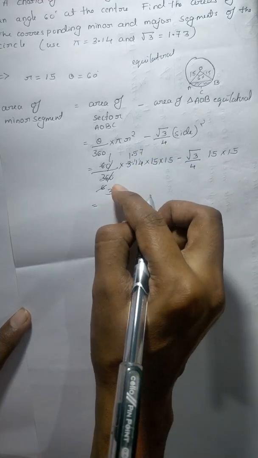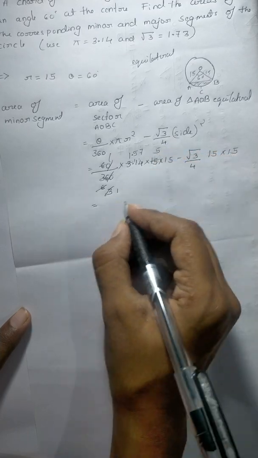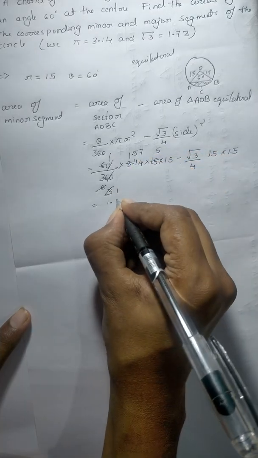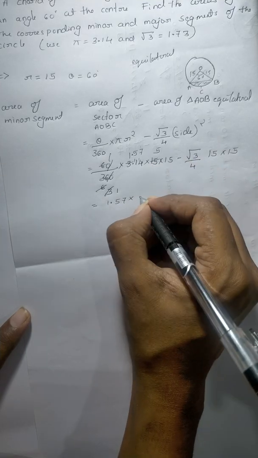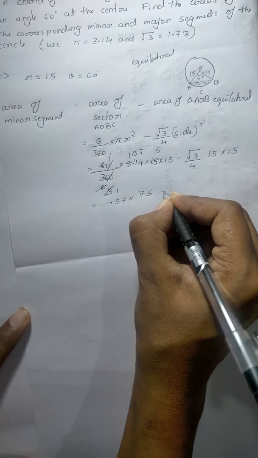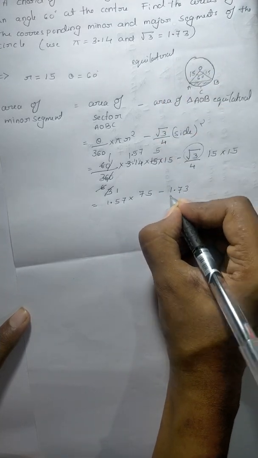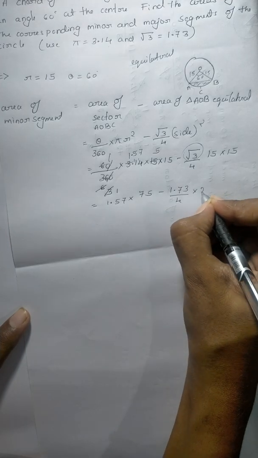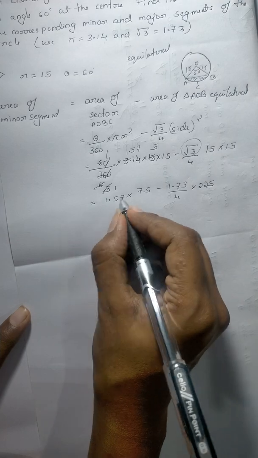Then 3 1s are, 3 5s are 15. So 1.57 into 15 5s are 75, minus. Now they have given that root 3 is used as 1.73, divided by 4. Then 15 15s are 225.